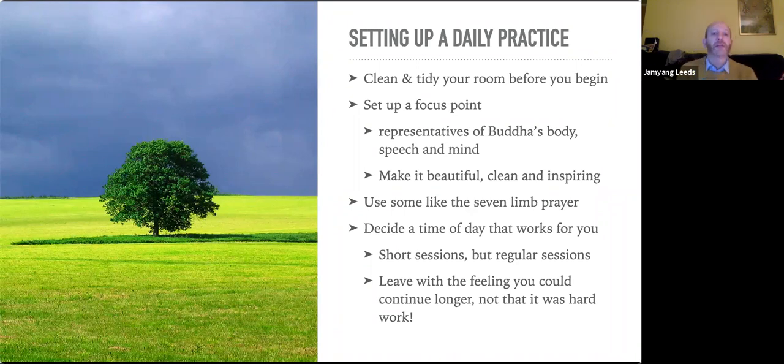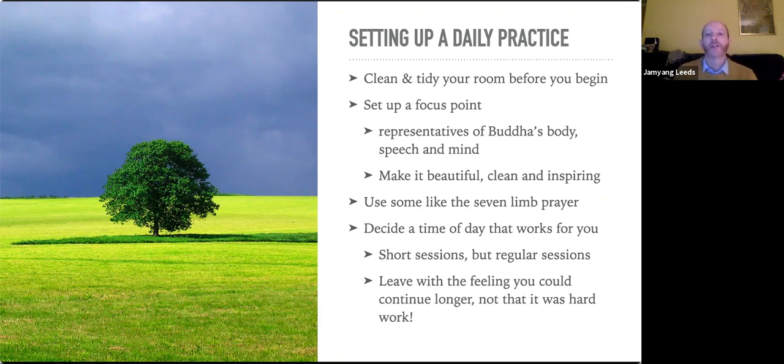And that's representing the Buddha's body. The Buddha's speech is represented by the texts, which you put on the left as you're looking at it. And the Buddha's mind is represented on the right, represented by a stupa. Could be pictures or postcards if you haven't got the actual objects, but that's the three important things.